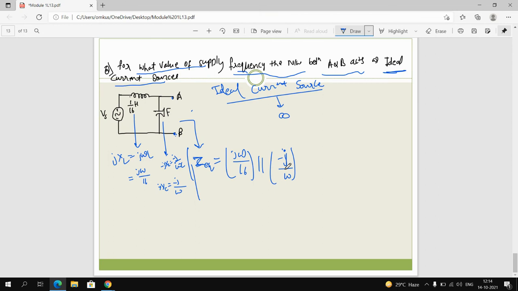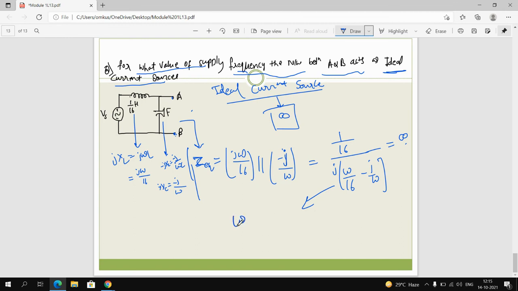When you solve this, you will get 1 by 16 divided by j omega by 16 minus j by omega, right? You will get some value like this. Now you know the internal resistance of an ideal current source is infinite. So equate this with infinite, and you will get this when the denominator becomes 0.